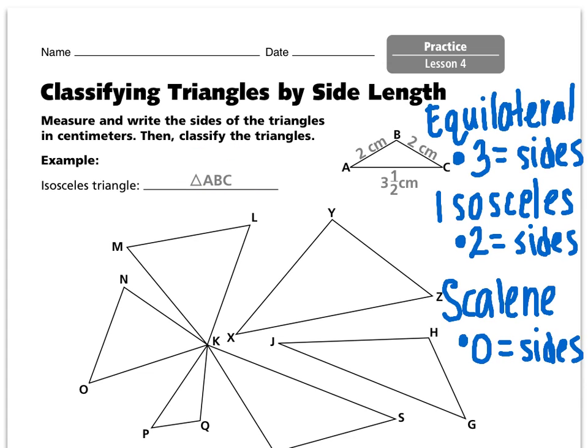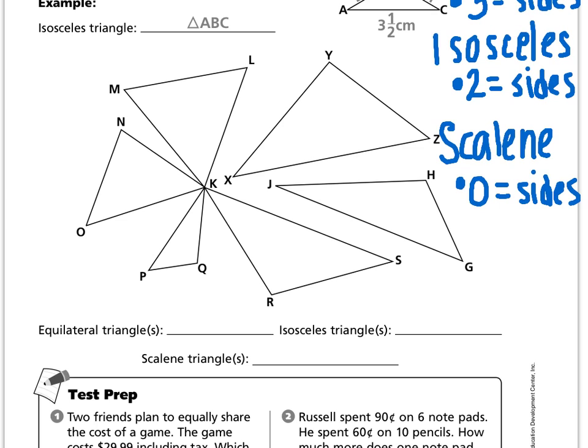Now go ahead and use your ruler in order to figure out which of the triangles below are equilateral, isosceles, or scalene triangles. Even though I can't measure these because I don't have a ruler, I can look at them and see what some of them will be. And I can easily tell that triangle JHG has 3 sides that are different lengths.